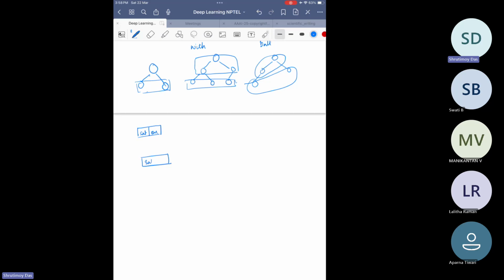For each you get some score. Then on top of this, there is a loss function, and this loss function will try to maximize the difference between these two scores.